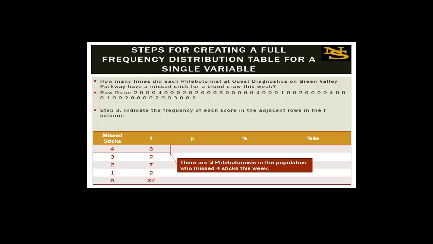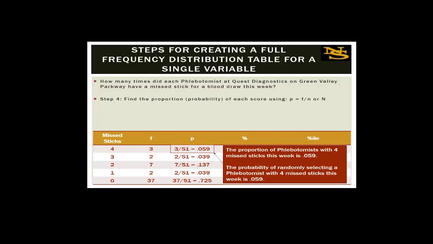There's 3 4s in my data set. Or in other words, there are 3 phlebotomists in this population who missed 4 sticks last week. Conversely, there are 7 phlebotomists in this population who had 2 missed sticks last week. So just simplifying that information. And you can already start to see that by putting your information in this format, it makes it a lot clearer than just looking at a bunch of numbers.